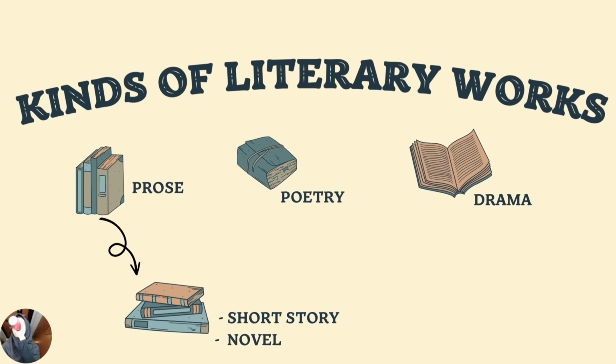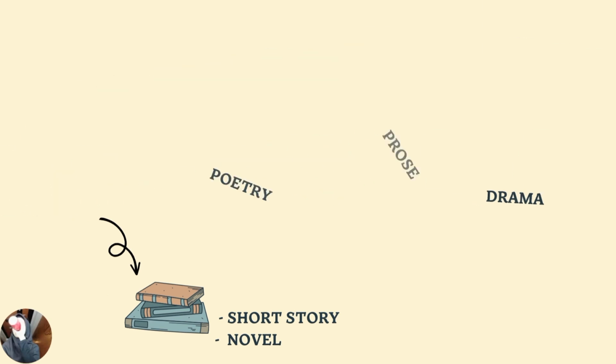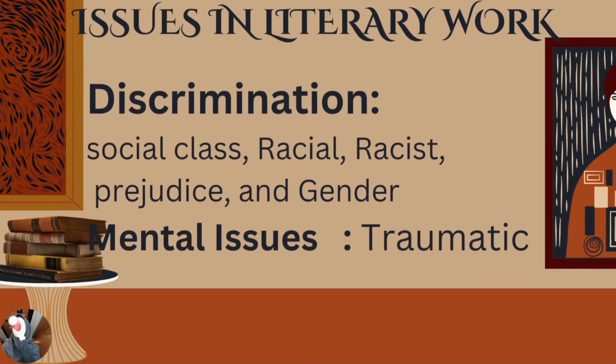Prose includes fiction and non-fiction. Fiction includes the short story and the novel. Issues in literary works include discrimination and mental issues. Discrimination includes social class, racism, prejudice, and gender. And mental issues include trauma and disorder.